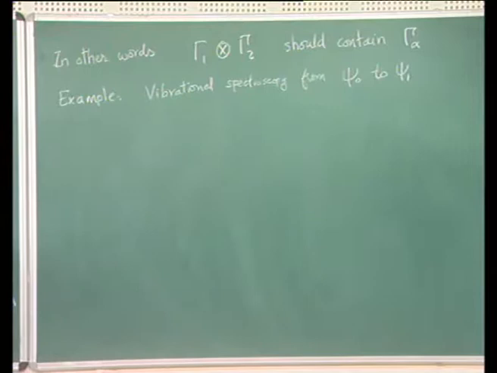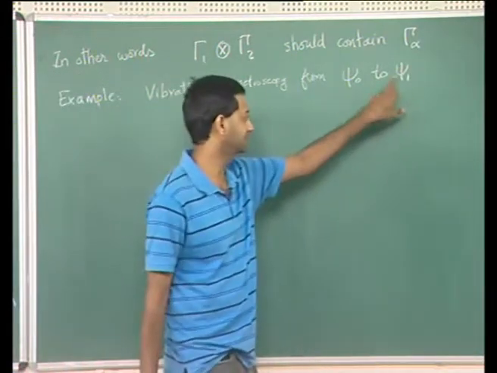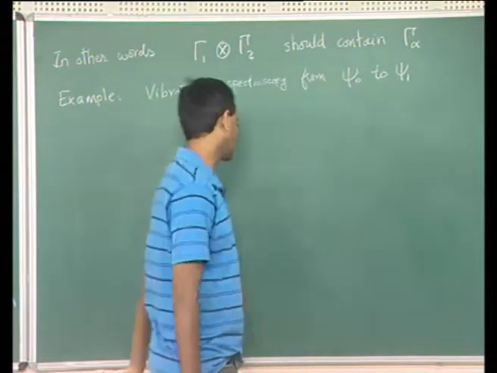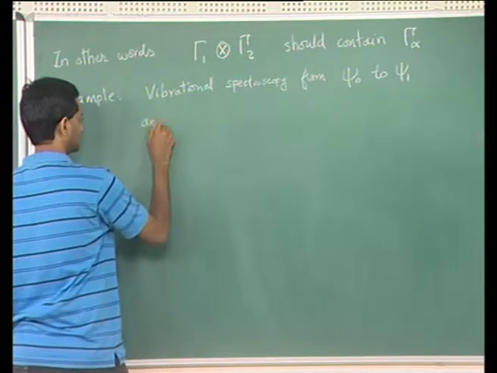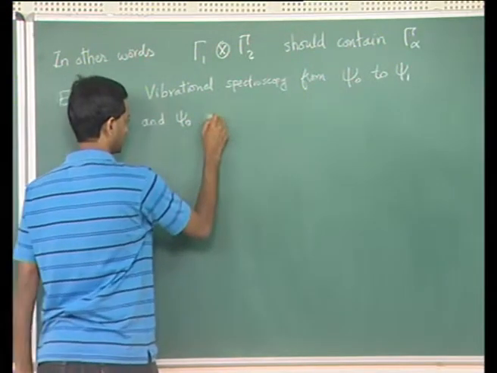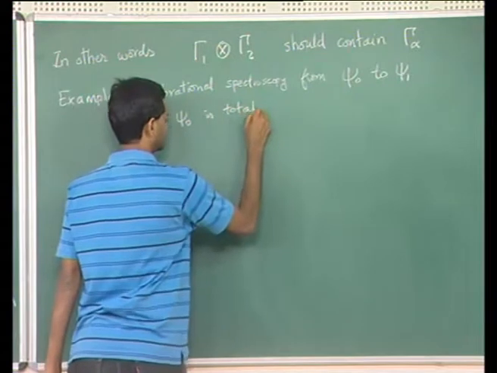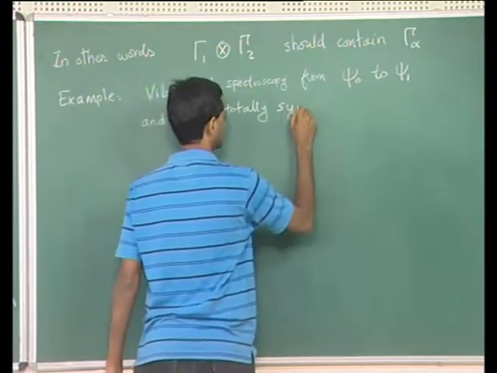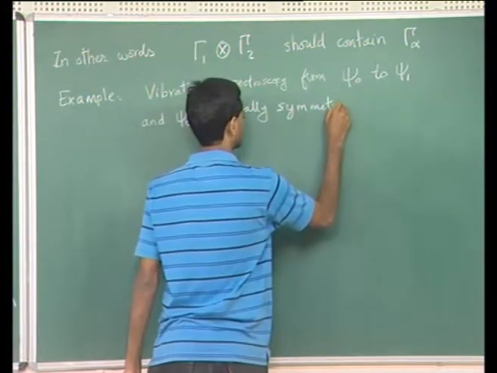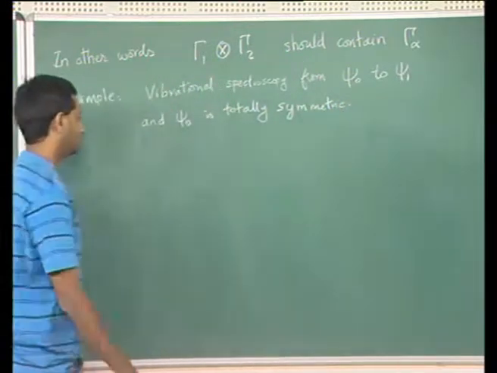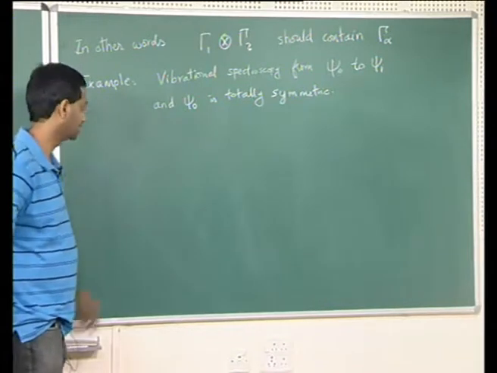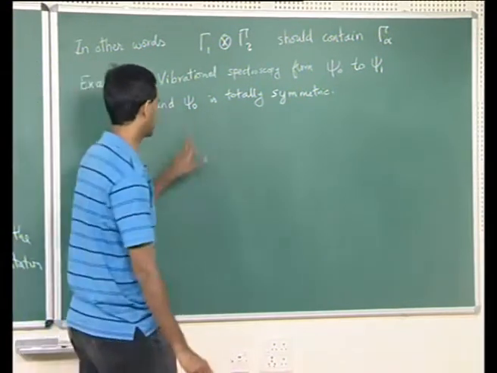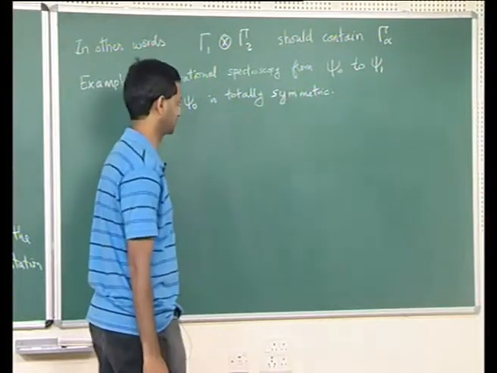You are looking at a transition that goes from psi 0 to psi 1. These are two vibrational states, and psi 0 is totally symmetric. So psi 0 belongs to the totally symmetric representation.